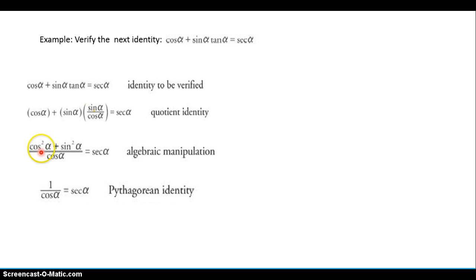So we simplify cosine squared plus sine squared as 1 using the Pythagorean identity, and remembering that 1 over the cosine is the same as the reciprocal, the secant. So 1 over cosine is the same as the secant. So we can verify that 1 over cosine, that is the reciprocal, is the same as the secant using the reciprocal identity.